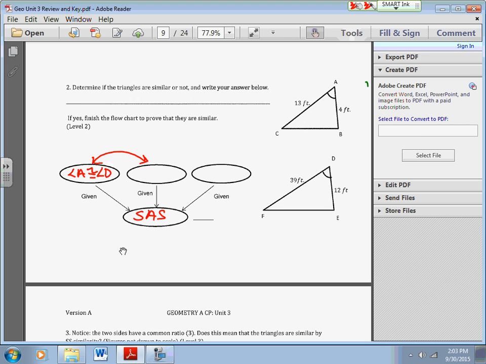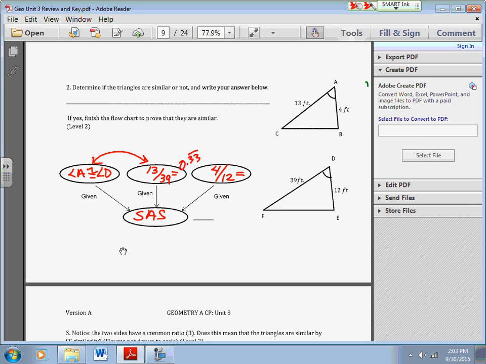Are there sides that are proportional? Yes. So give me one pair of sides. 13 and 39, and they should equal the same as, what's the other pair? 4 and 12, okay? 13 over 39, give me a decimal for that. 0.333 repeating.